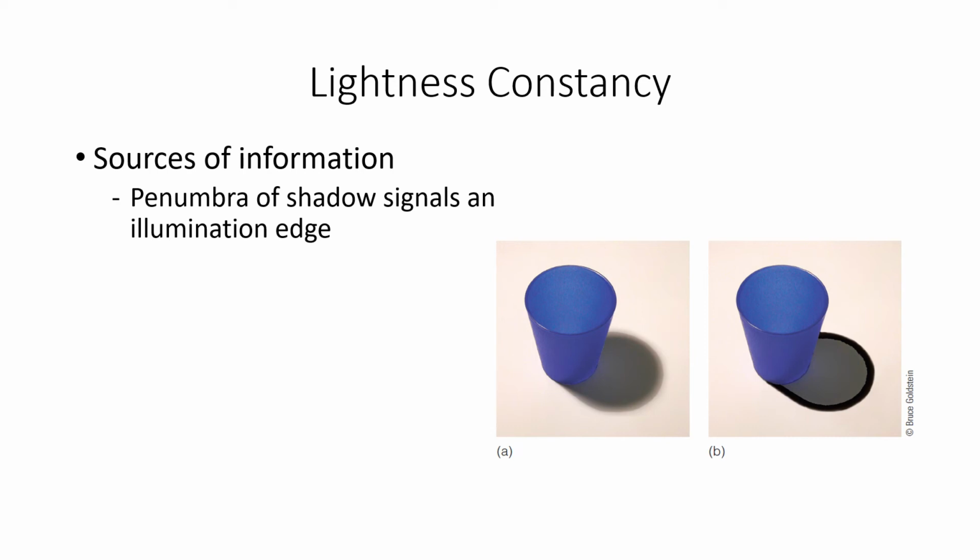And you can make yourself see that a lot more easily than if I told you the cup's sitting on a dark circle. In A, you'd say, no, that's definitely a shadow and I cannot interpret it differently. And in B, it's a little bit of work to interpret it as a shadow and to go back and forth. It looks like the cup's on a dark circle. So the penumbra is another source of information.